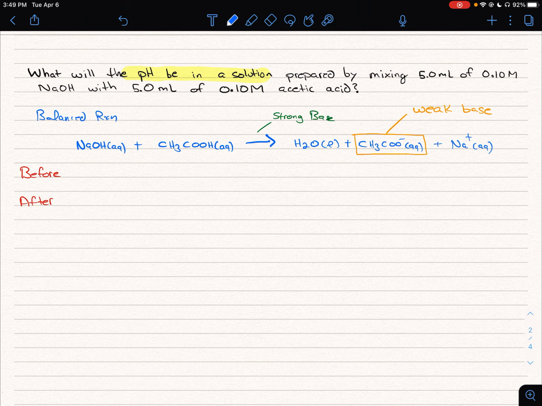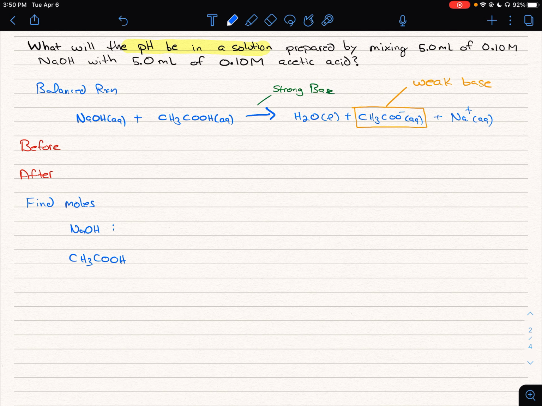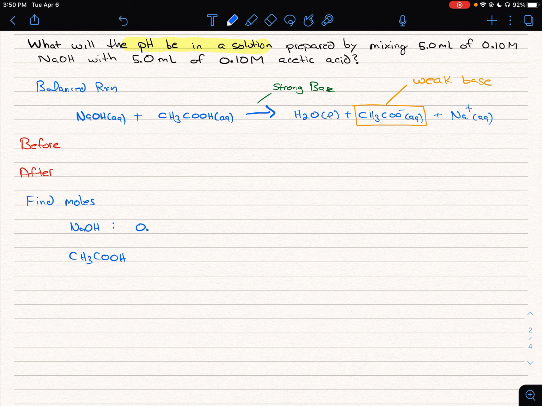So down below we can find moles. Here we can find the moles of sodium hydroxide and of acetic acid. And the way we find moles is we're going to take our concentration times volume. So for sodium hydroxide, it's going to be 0.005 liters times 0.1 molar.